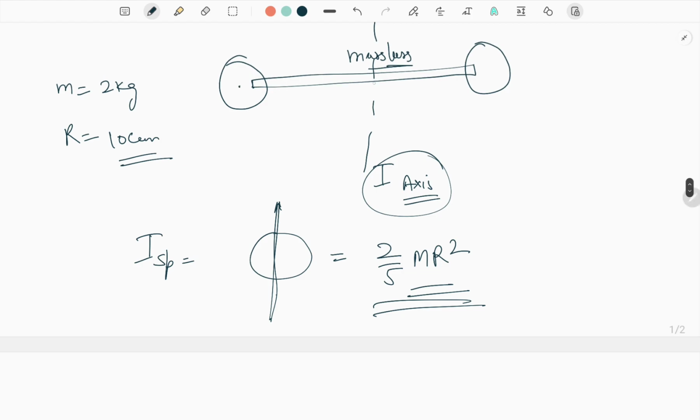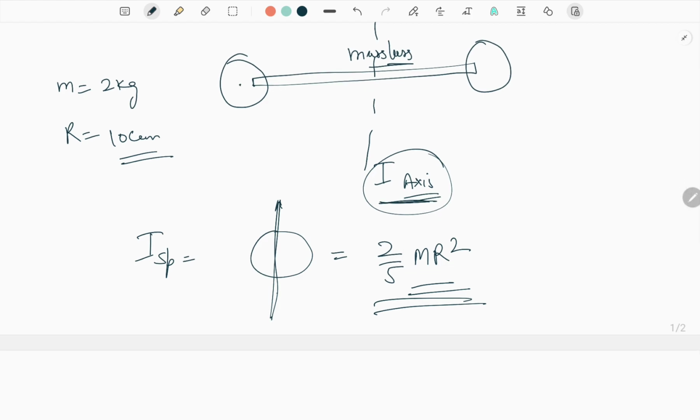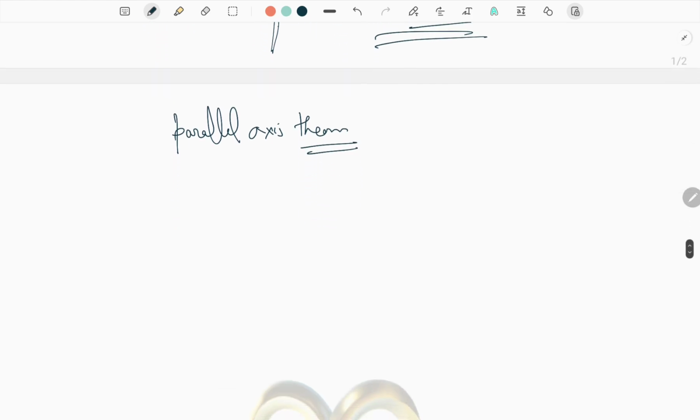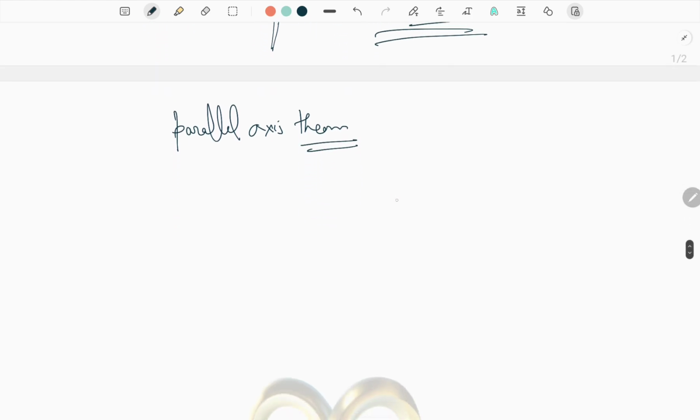If we have to calculate about this other axis, for that we have to use the parallel axis theorem. What does this theorem say?